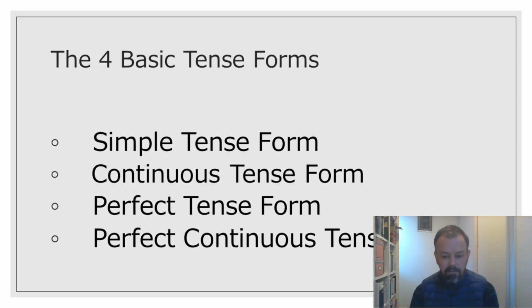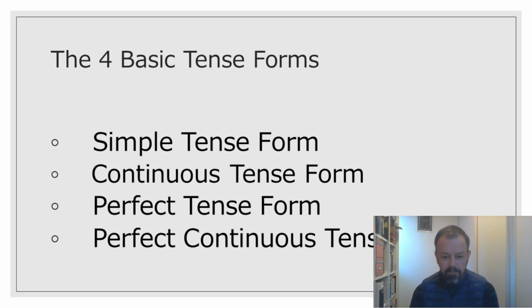The continuous tense form, which is used for ongoing actions at the time of speaking. The perfect tense form, which is used to describe things which are or were true at the time of speaking. And the perfect continuous tense form, which is a mixture of the previous two.